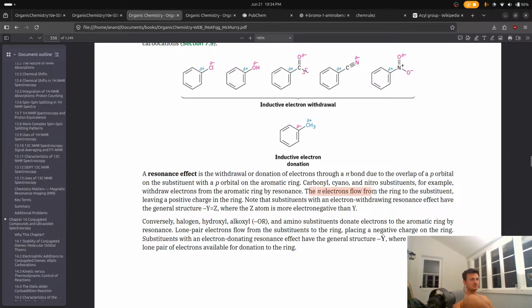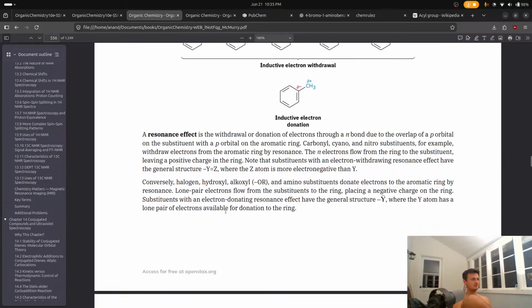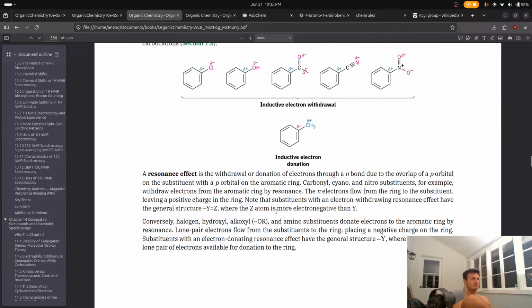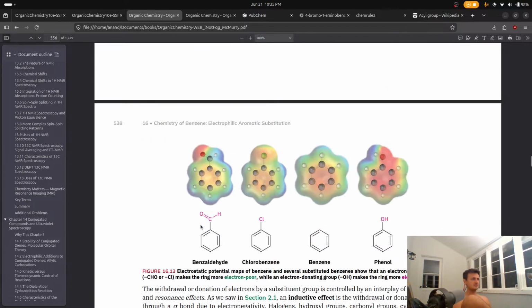The pi electrons flow from the ring to the substituent, leaving a positive charge in the ring. Note that substituents with an electron withdrawing resonance effect have the general structure Y double bond Z, where Z is more electronegative than Y. Conversely, halogen, hydroxyl, alkoxyl, and amino substituents donate electrons to the ring by resonance.